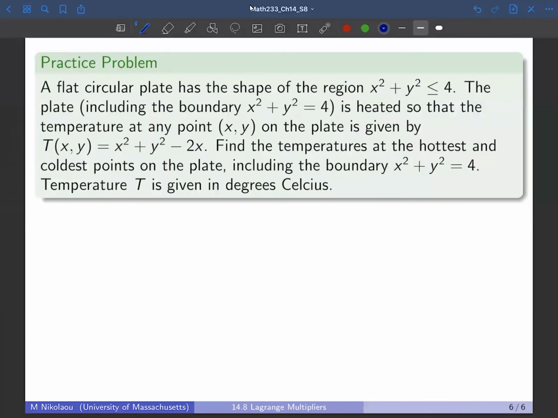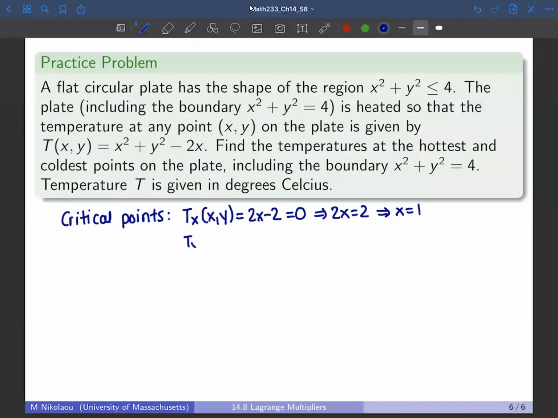First of all, let's check to find if we have any critical points. In order to do that, we'll have to find Tx of (x, y) that is equal to 2x minus 2, and we set that equal to 0, which means that 2x is equal to 2, and that means that x is equal to 1.